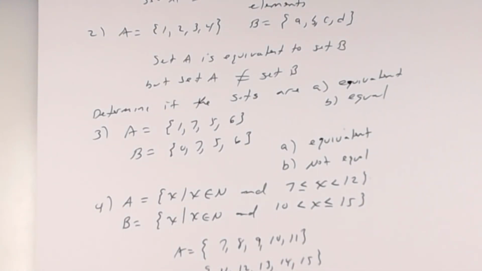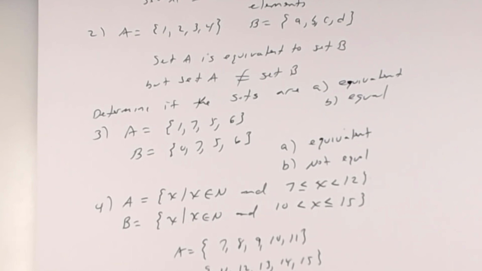So see, it helps to actually list the elements with something like this. Now you can tell me right away, are those two sets equivalent? Who said no? Why did you say no? More numbers in B. So what's the cardinal number for A? 5. 1, 2, 3, 4, 5.